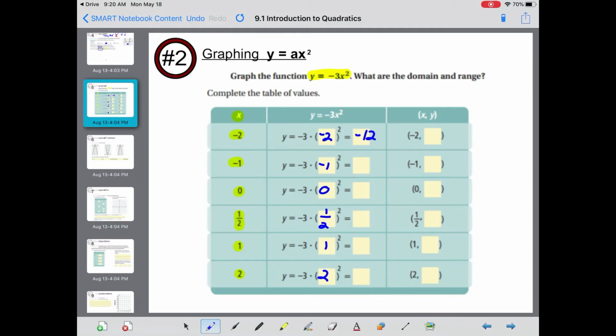So -2 squared is 4, and 4 times -3 is -12.